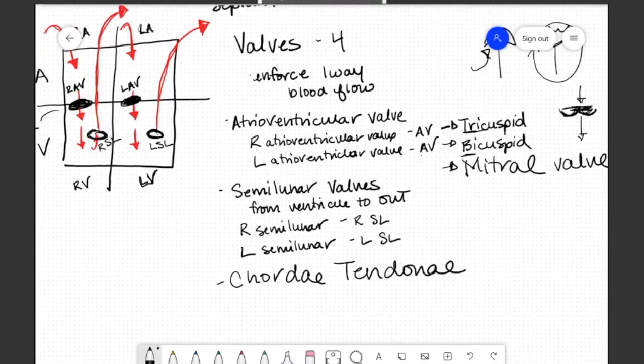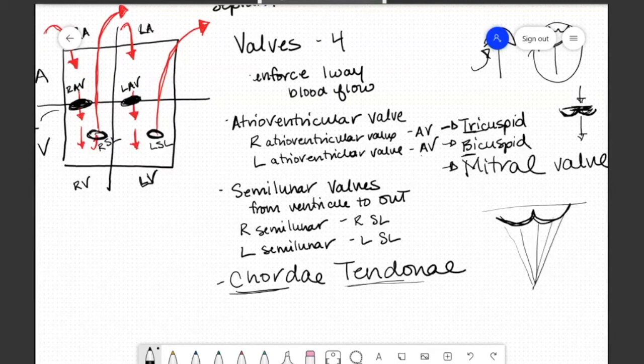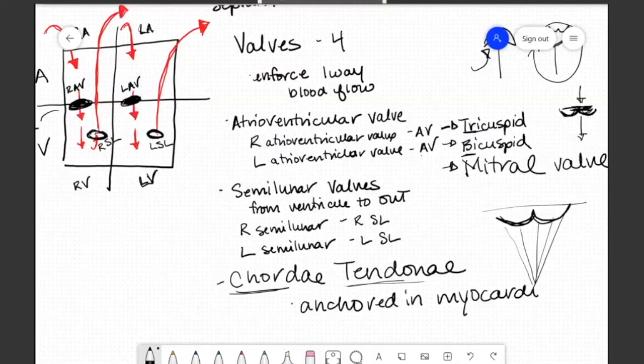Chordae tendineae are kind of like tendons, kind of like strings or cords. So if I have my bicuspid valve hanging out right here, these chordae tendineae are strings that are anchored in the myocardium, specifically the myocardium of the ventricles. And they will hold these flaps in place.